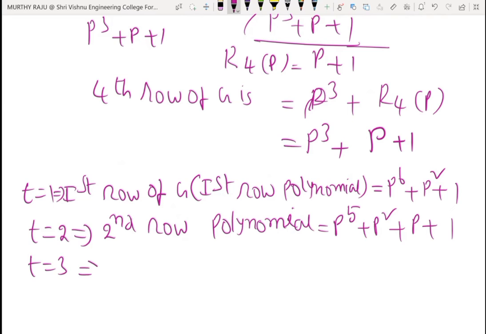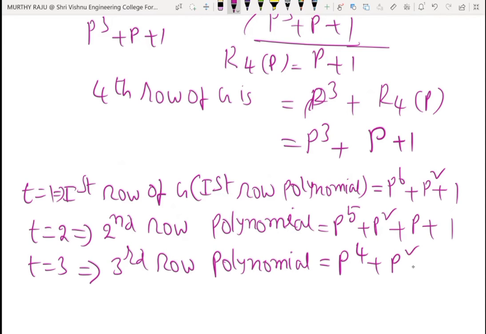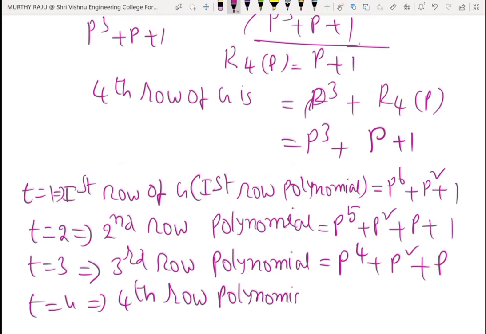For t is equal to 3, the third row polynomial is p power 4 plus p square plus p. For t is equal to 4, the fourth row polynomial of G is p cube plus p plus 1.